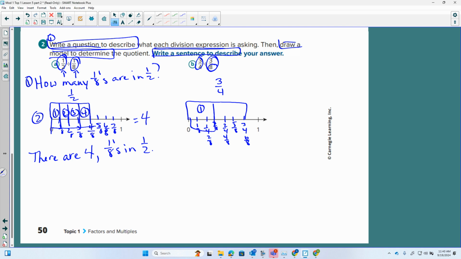So my question was, how many 3/8 are in 3/4? And then my answer is, there are 2 groups of 3/8 in 3/4.